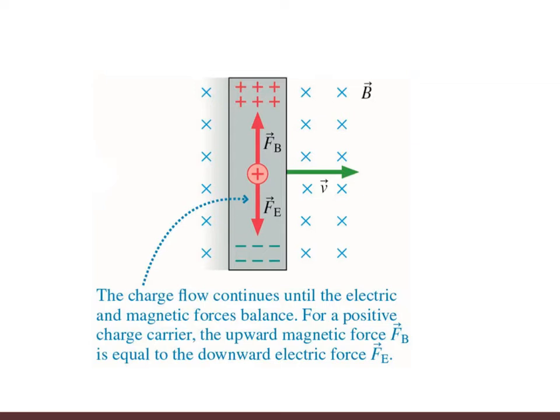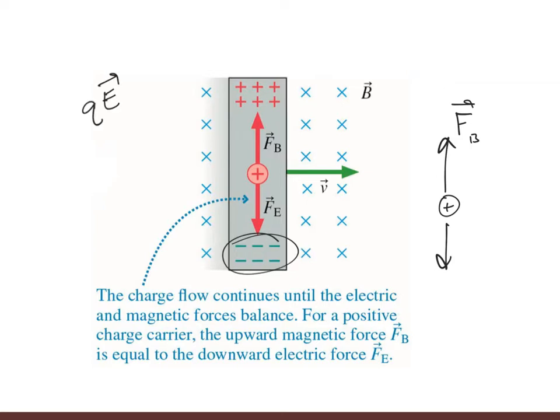So because that electric field is generated, every charge in the middle here is going to experience a force going upwards from the magnetic field, well, for the positive charges. And it's also going to experience a force that is attracted to all of these negative charges. And that force will be defined by the electric field in the region, which is Q times the electric field.